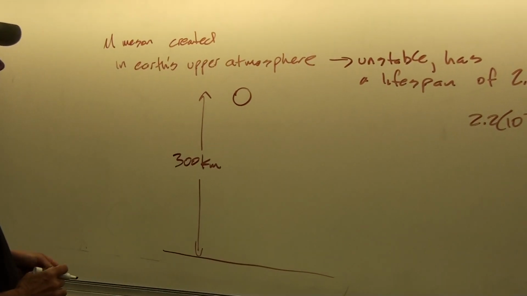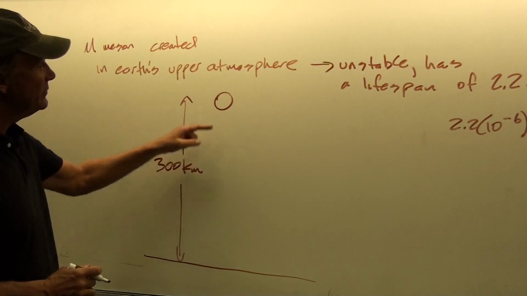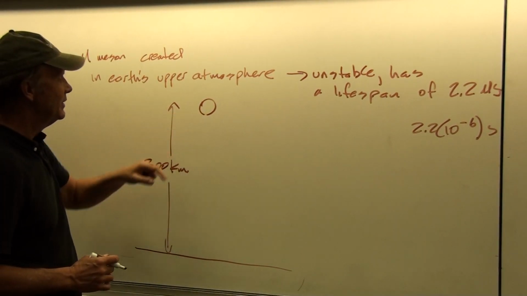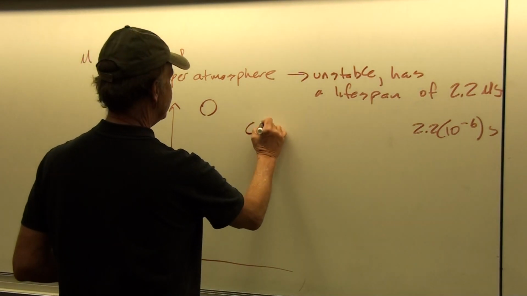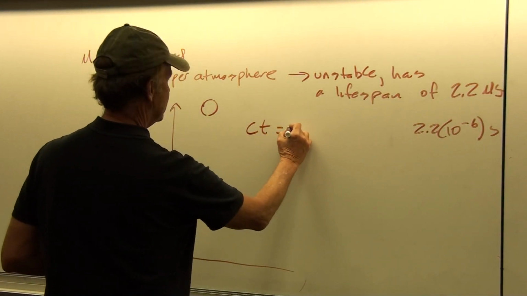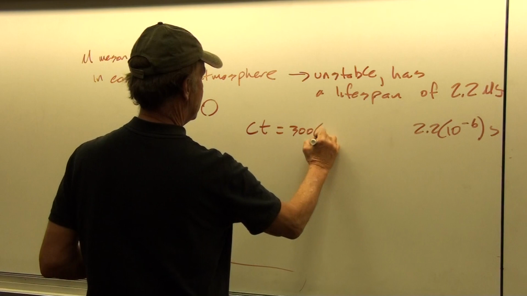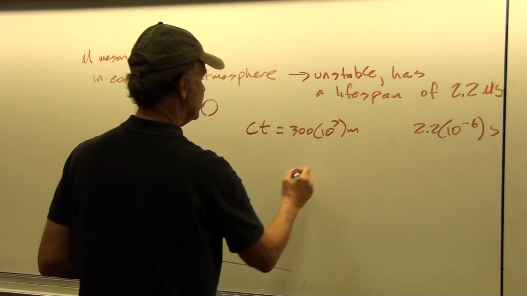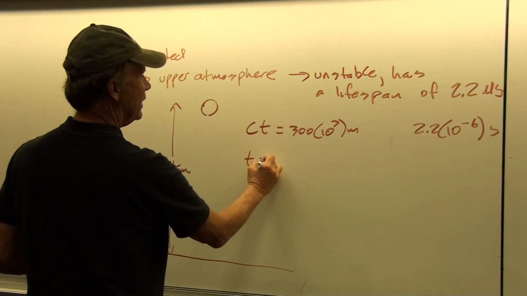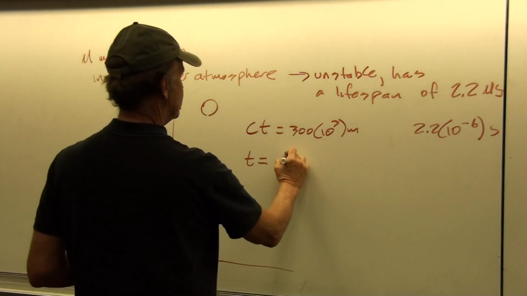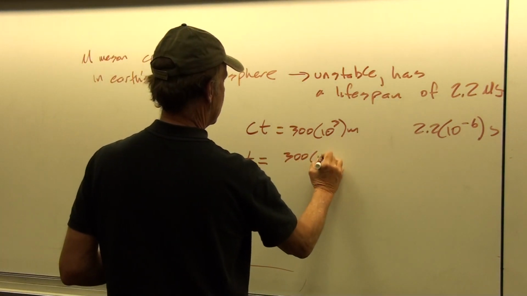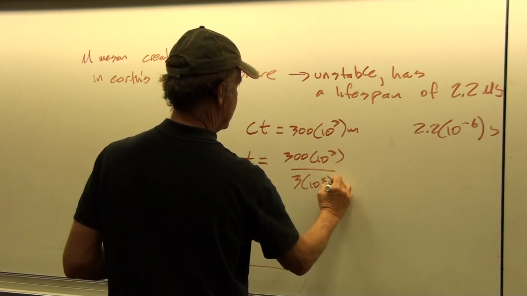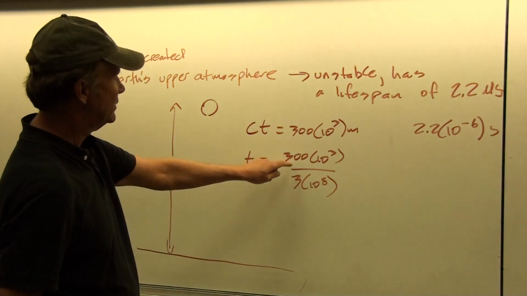If you figure out how much time it takes, even if we're moving at the speed of light, and we know they can't be going that fast, right? Even if we're going at the speed of light, the distance would equal speed times time, so 300 times 10 to the 3 meters, or the time would be equal to 300 times 10 to the 3 divided by 3 times 10 to the 8.